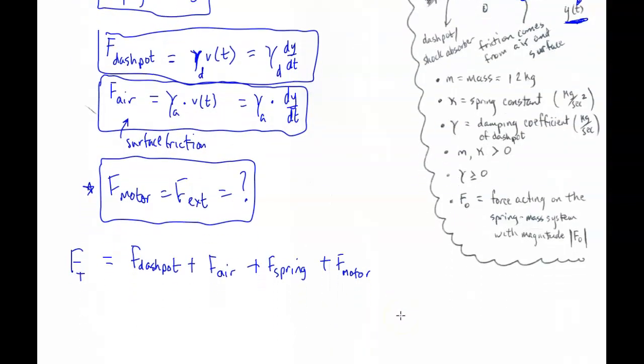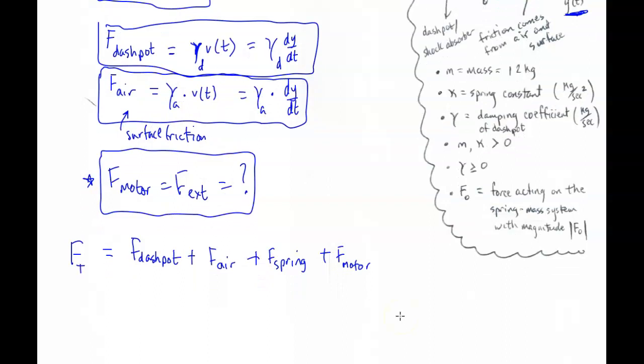Now, if we were to fill in everything, the right side of the equation will have something nice to represent it, but we don't have anything to represent the total force yet. But remember that Newton's law of motion says that force is equal to mass times acceleration. And we know acceleration is the second derivative of position.